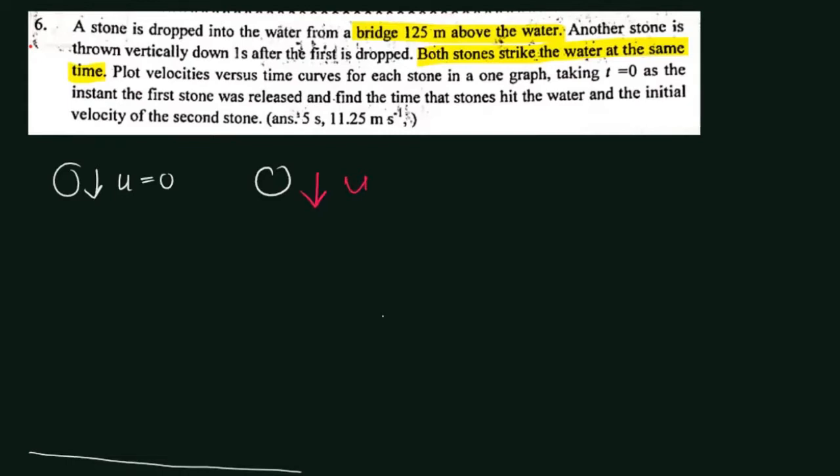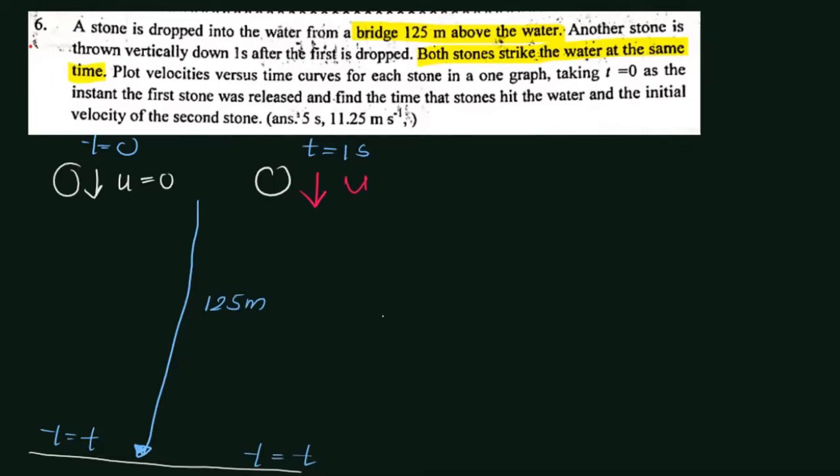The first was dropped at t equals 0, and this one at t equals 1 second. Both reached the water surface at t equals t. The distance that they cover would be 125 meters. For this, we need to draw a velocity-time graph.